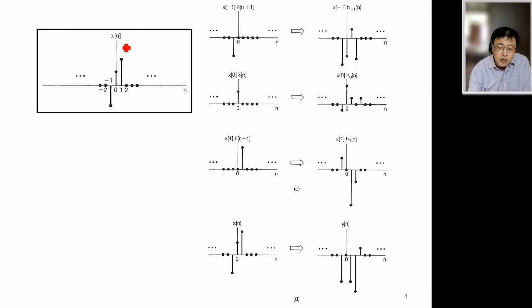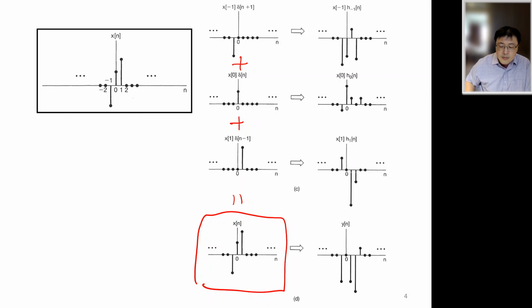So you can view xn as the sum of these three time-shifted and scaled unit impulses. So xn is basically the sum of this plus this plus this to get this xn signal here. Okay.